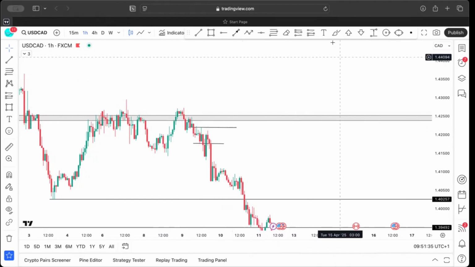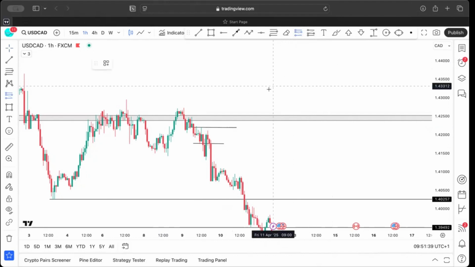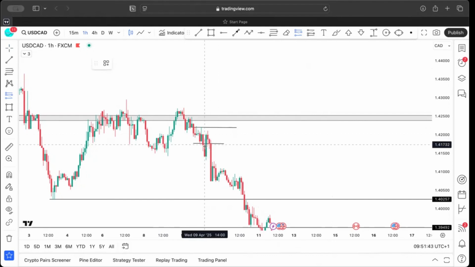So once it was the London session, I think I executed this trade somewhere around here when the market broke out from this level and was retesting it. I took my entry somewhere around here, if I'm not mistaken.